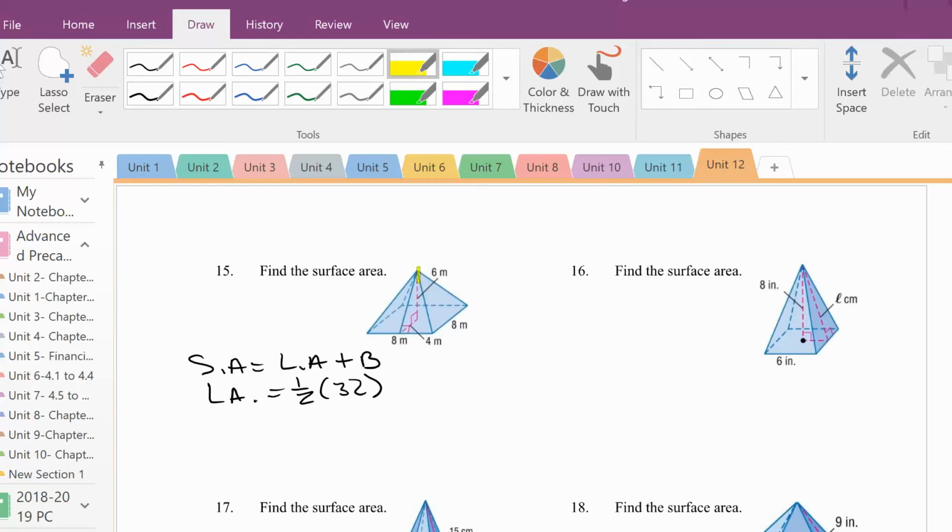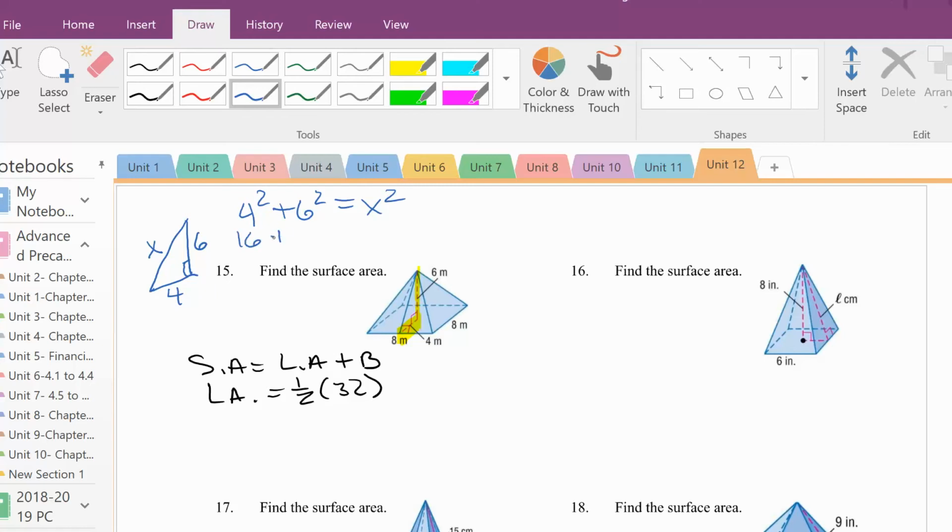They give you the altitude, and they give you this little part on the base. So basically, you have a right triangle here where it's 6, 4, and you need to find the slant height. So you do the Pythagorean Theorem.